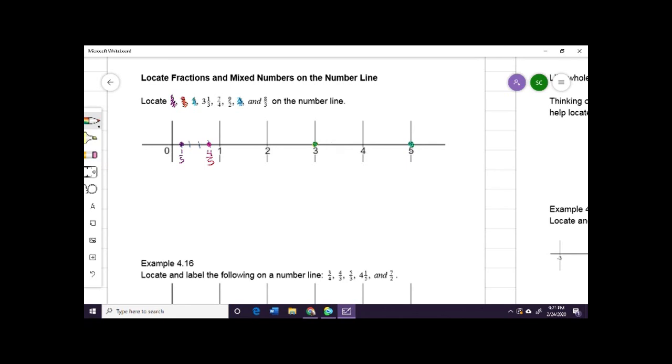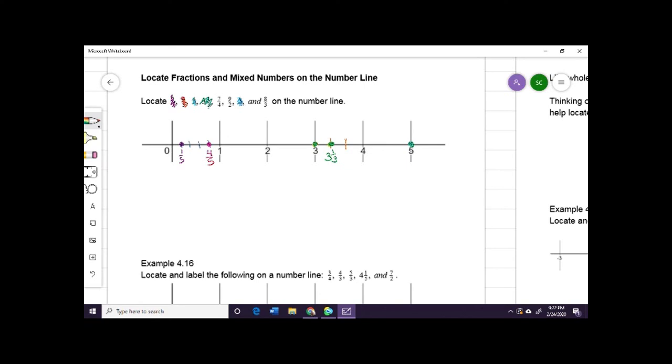And if I'm dividing it into 3 sections, I need to draw 2 lines to get 1, 2, 3 sections. Okay, so for 3 1/3, 1, 2, 3, and then another third. I can go ahead and mark that one. 3 and 1/3.